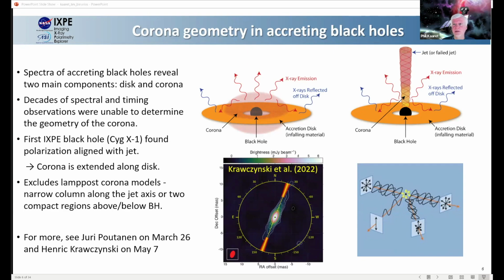And from the geometry, since the polarization is aligned with the jet, the corona has to be extended. So I think that rules out the models where the X-ray emission in the hard state of the binary system would be produced by synchrotron radiation in the base of the jet or something like that.